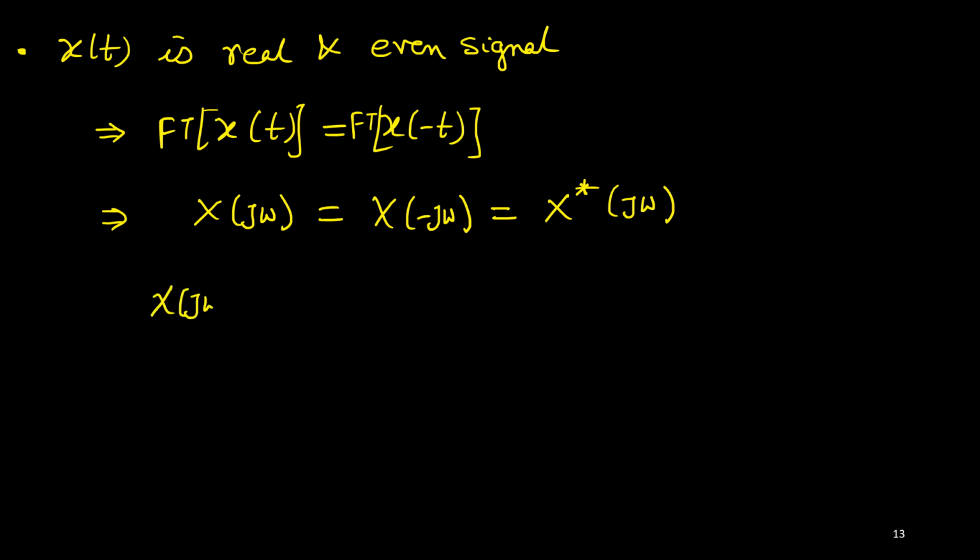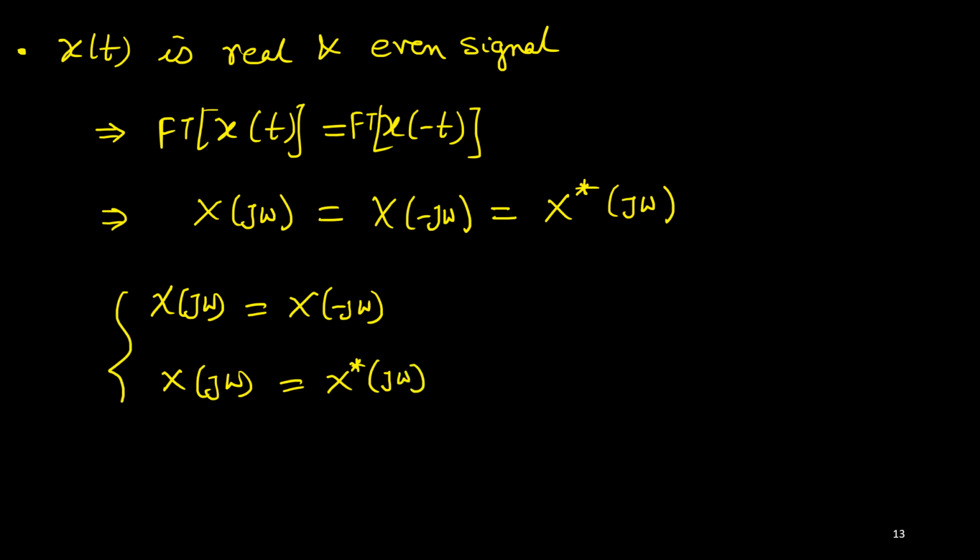X of j omega equals capital X of minus j omega. Again, capital X of j omega is same as X star of j omega. So what is the significance of these two? This says that if I take a conjugate of a function, it will remain same.